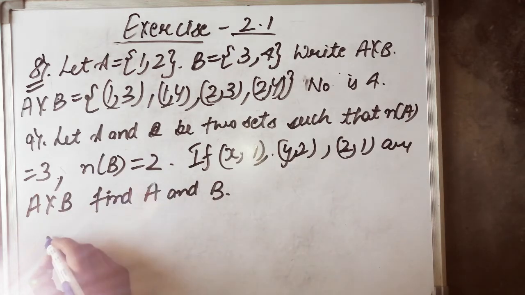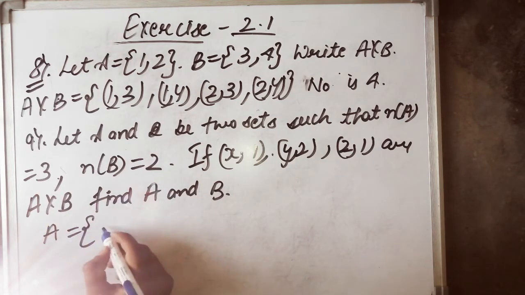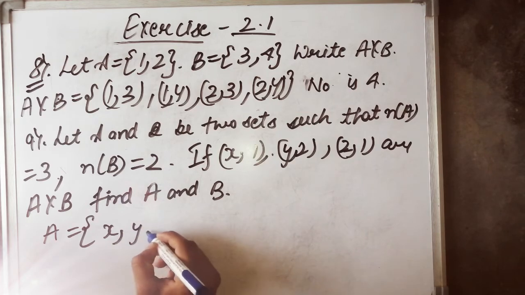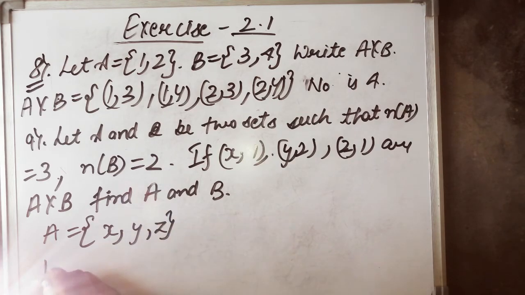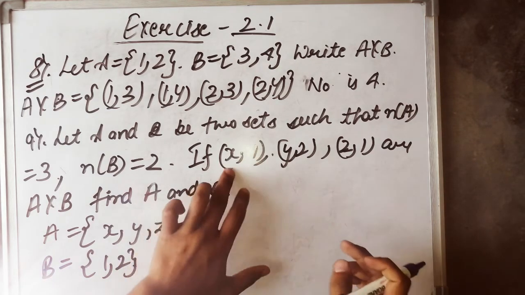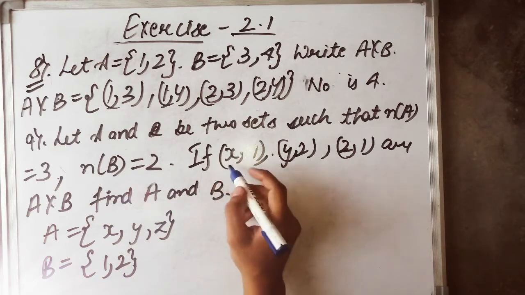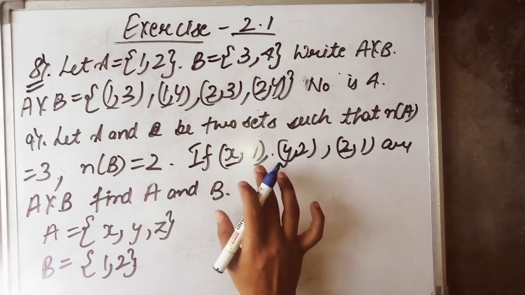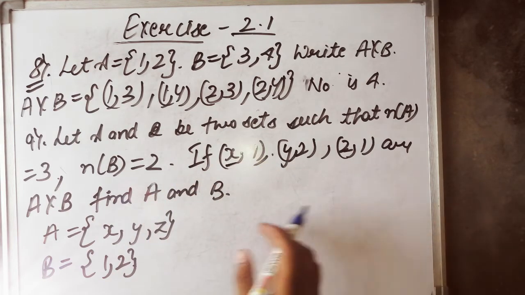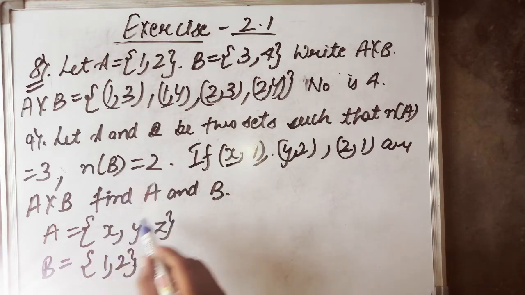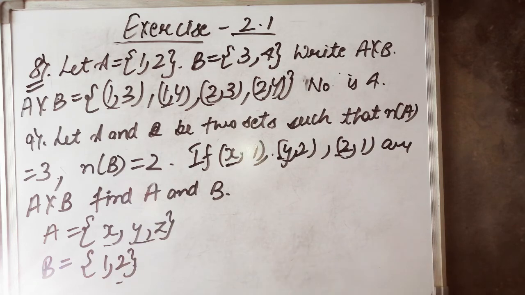From the given information we can write that A equals {x, y, z} and B equals {1, 2}, because our first element comes from the first set and the second element comes from the second set. Okay, so it is written here: x, y, z from the first, and 1, 2. Pause the video to note down, and next up we have the last question.